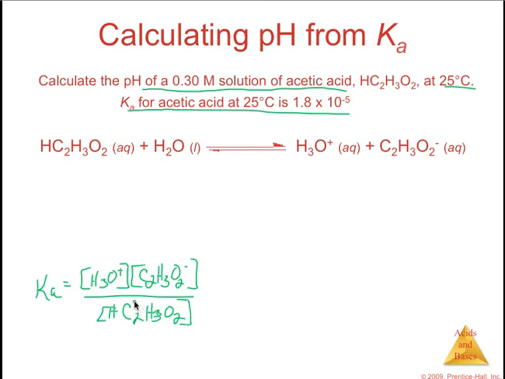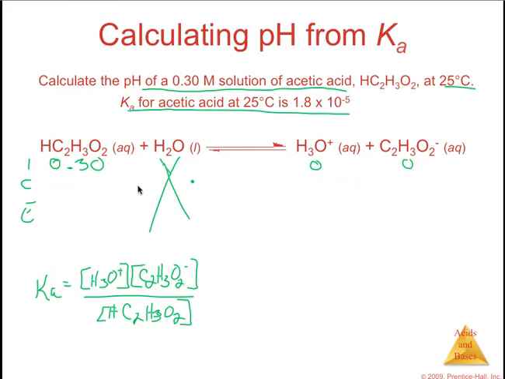I don't know any of these concentrations at equilibrium, but I know some initial concentrations. We don't worry about water in an ICE table because it doesn't enter into the Kc, its concentration does not change. So I know I have 0.30 for the acid. You assume that the initial condition there is no dissociation.